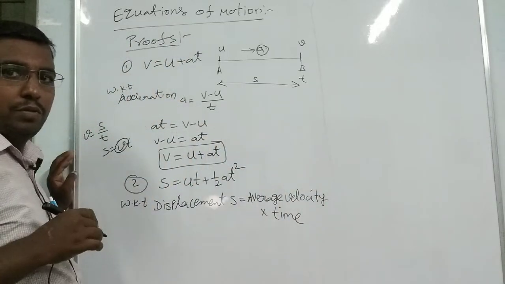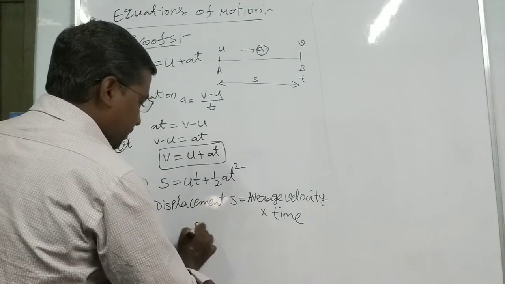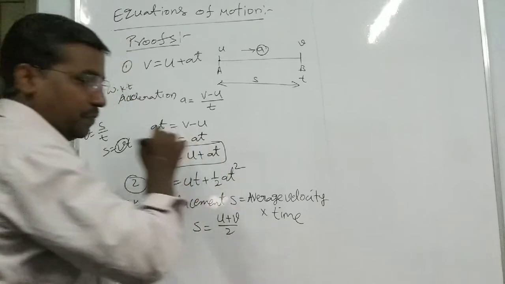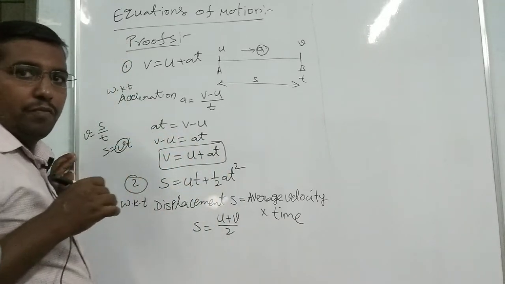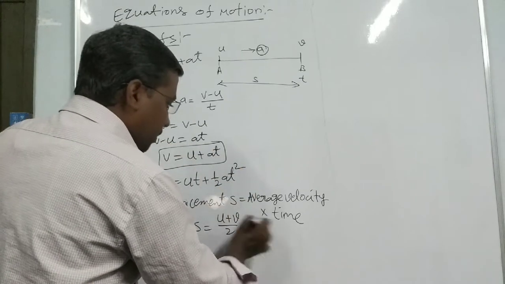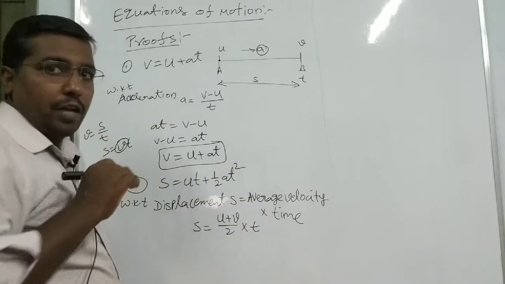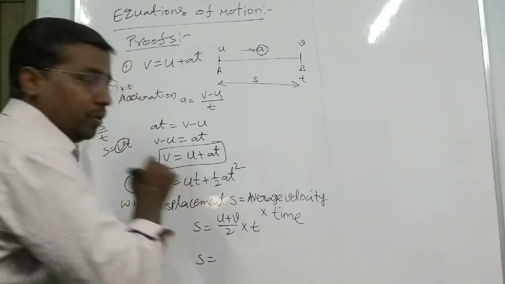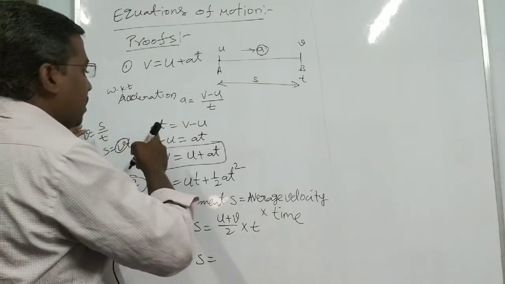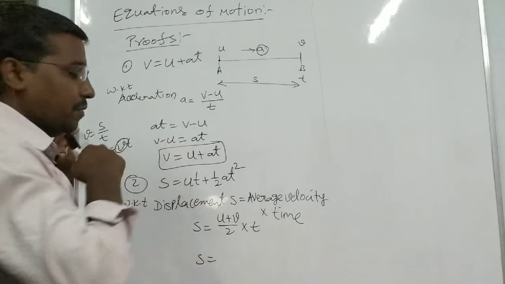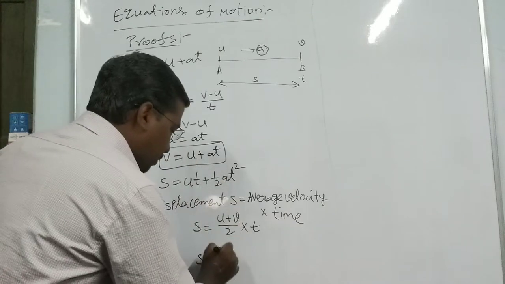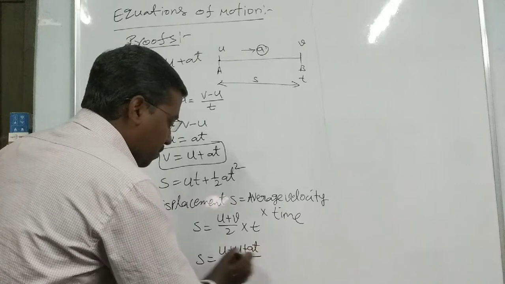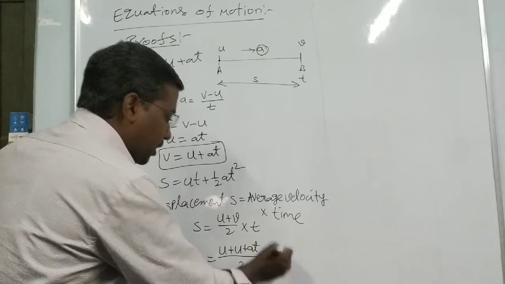The average velocity is the initial velocity plus final velocity by 2, that is the mean value of u and v, into time t. Now s equal to u plus v by 2 into t.